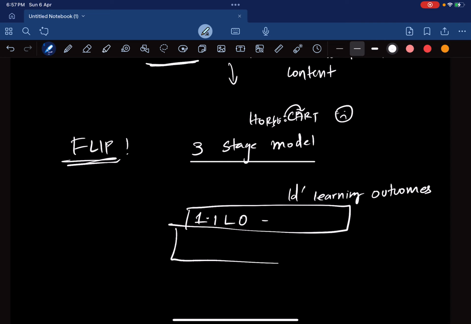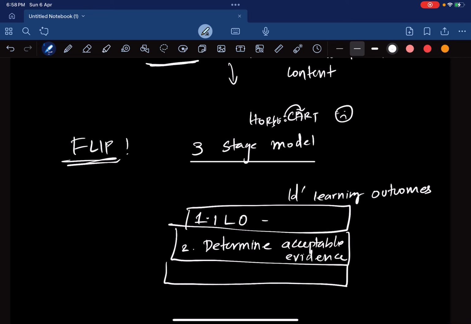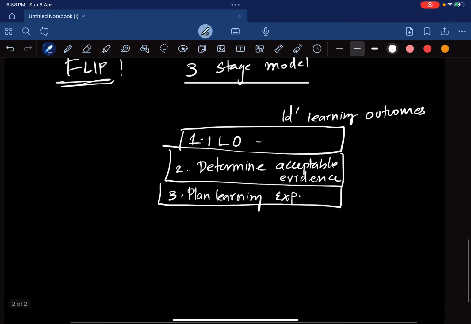The second stage of this design is determining acceptable evidence. Stage 3 of this design is planning learning experience. Now let's look at each of these in detail.